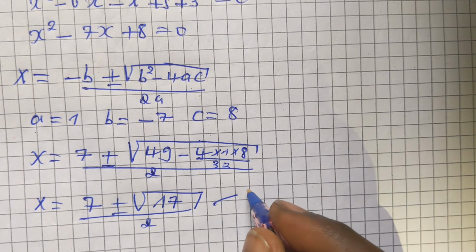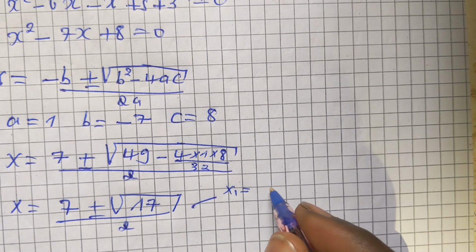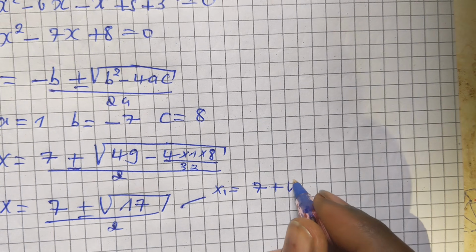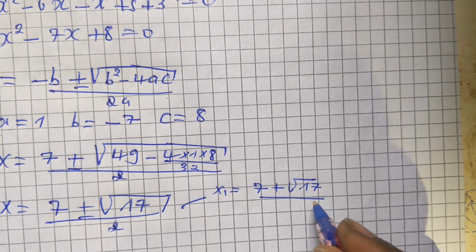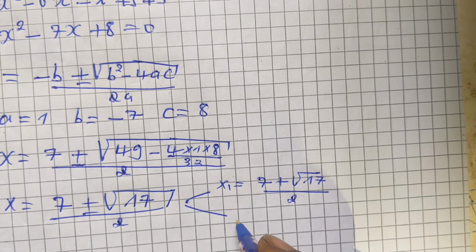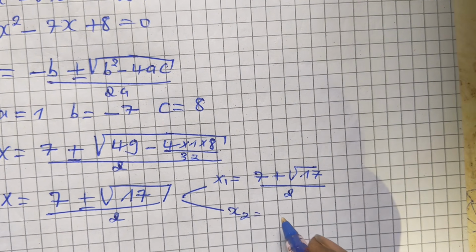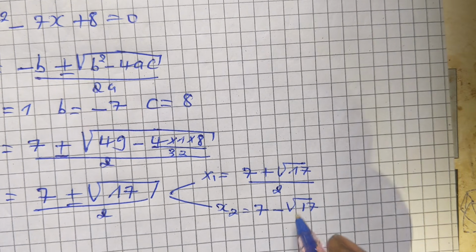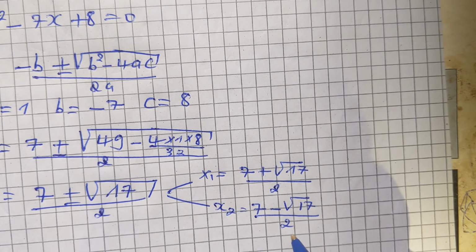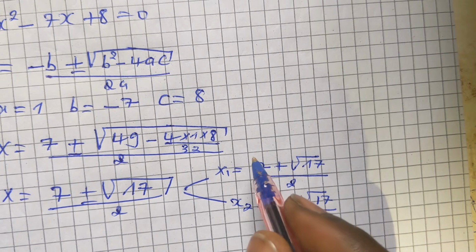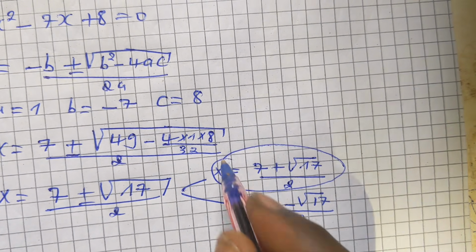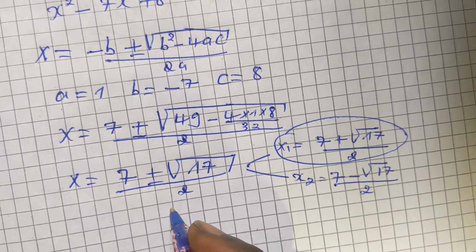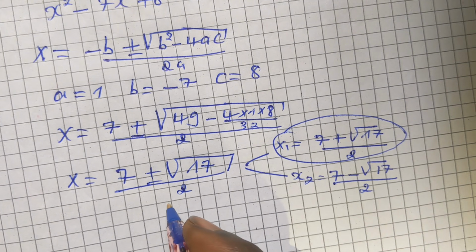One which is x1, which will be equal to 7 plus the square root of 17 divided by 2, and then x2 which will be equal to 7 negative the square root of 17 divided by 2, which will make this the only solution that we want, because it is greater than 3.